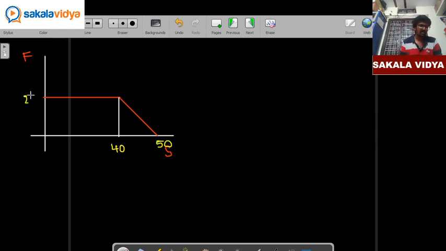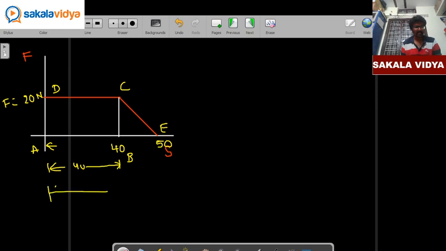The maximum value of our force is 20 kilonewtons. Let us mark these points as A, B, C, D, E. The distance from A to B is 40. The total distance from A to E is 50. So the remaining distance is 50 minus 40, which is 10.